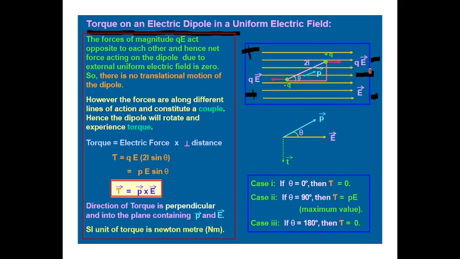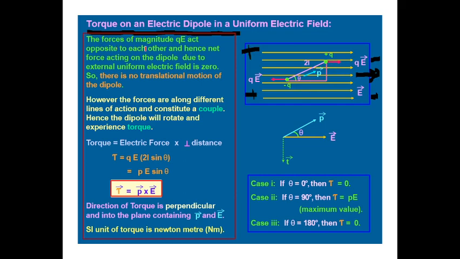The force is F equal to Q into E. The negative charge will experience the force toward the positive of the field, and the positive charge will experience the force Q into E in the direction of the field. These are equal and opposite forces, which give the twisting or rotational force to this dipole. This is known as a torque.